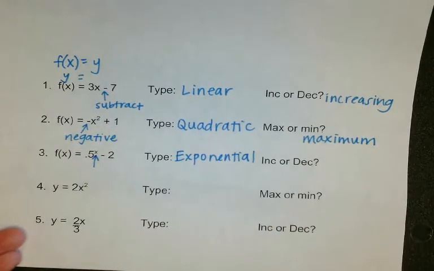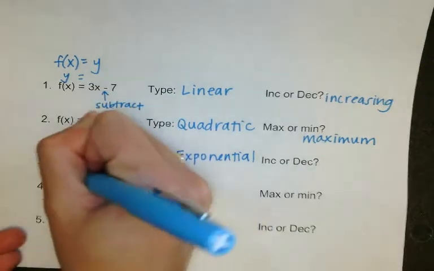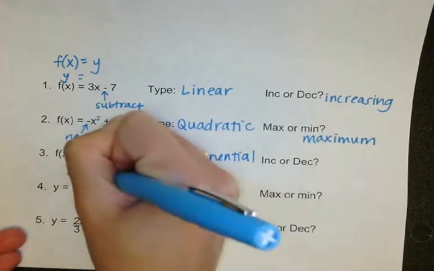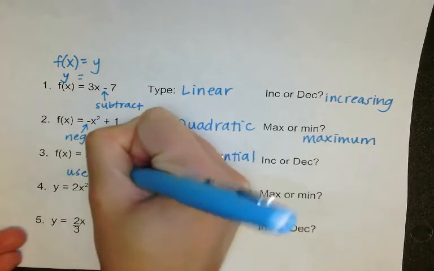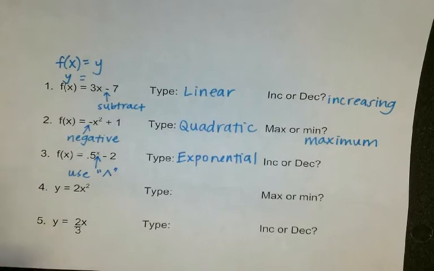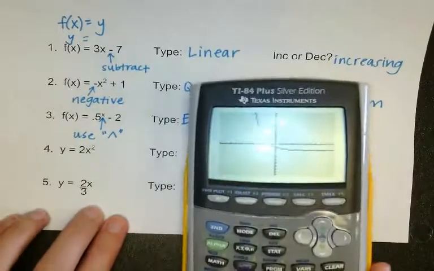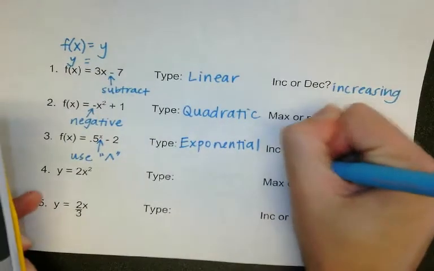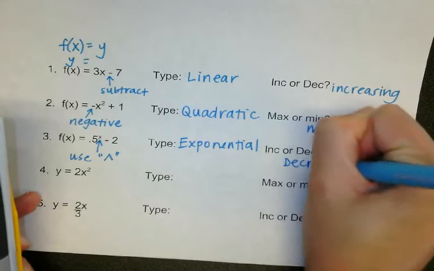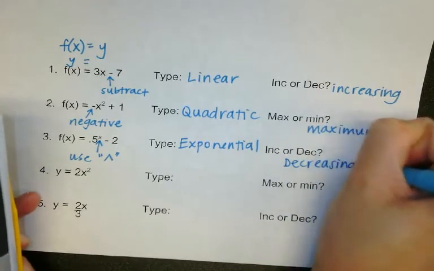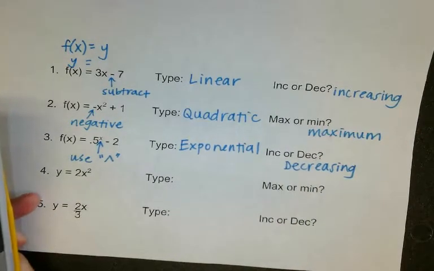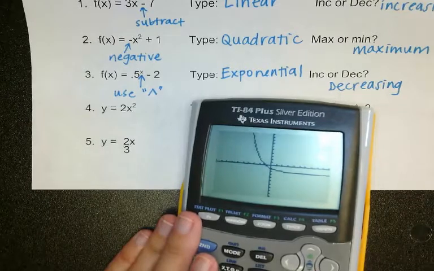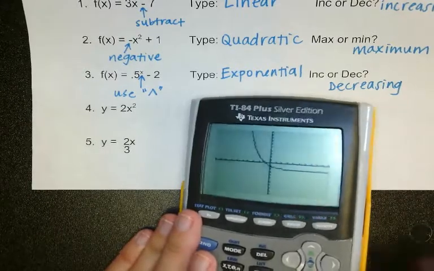When you need to make something an exponent, that's when you use the caret. And as I follow from left to right, I can see that I have a decreasing graph. Okay, we have just a couple left.